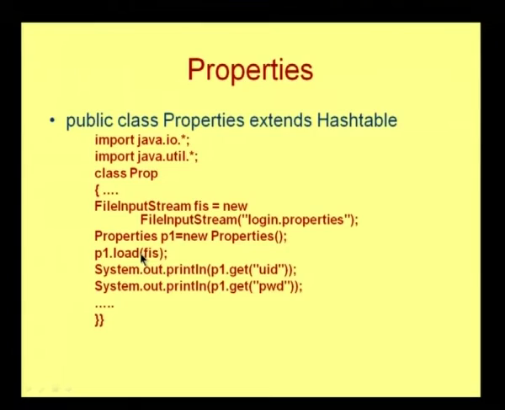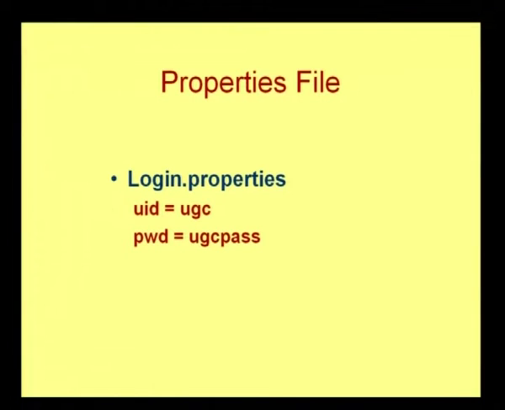So, this particular object is going to hold the values that are available in the properties file. Once I call the method called load, the contents get automatically loaded into your particular Properties object.